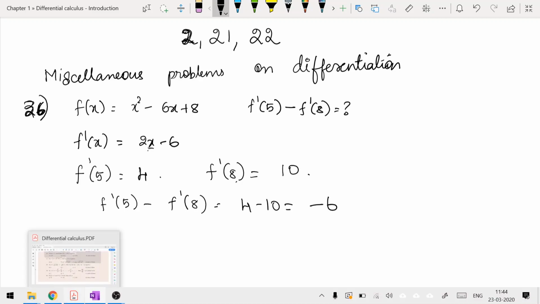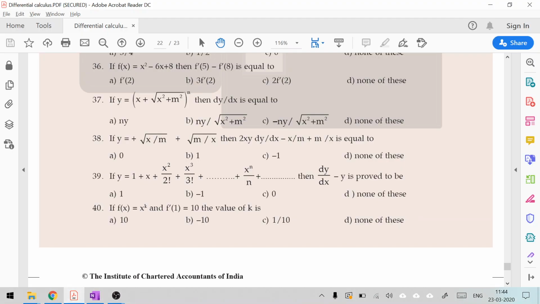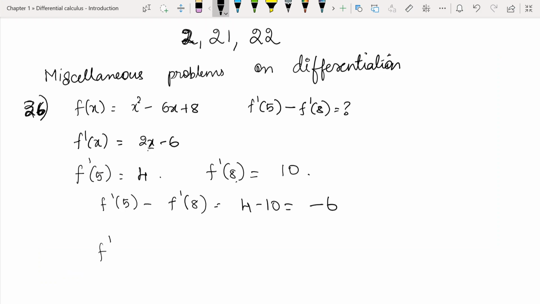Now look at your options. The options are not giving you a number, but they are telling you, is it f dash of 2, or 3 into f dash of 2, or 2 into f dash of 2. We can know only if we find f dash of 2. What is f dash of 2?